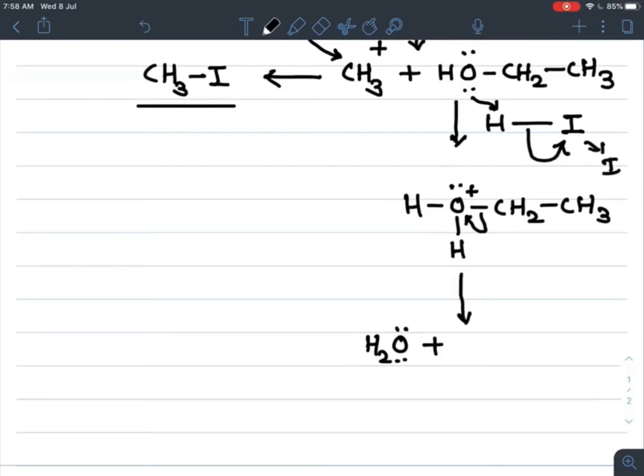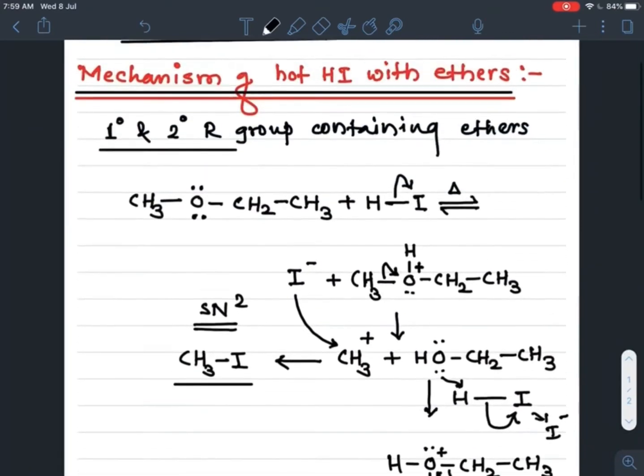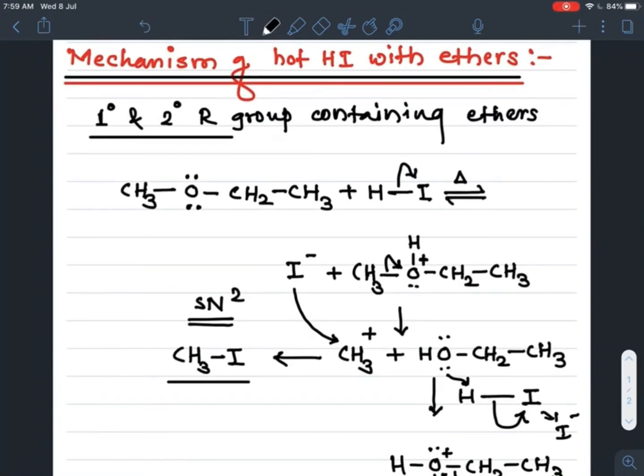The I minus combines with the ethyl carbocation and forms ethyl iodide. So finally we again get the corresponding ethyl iodide. This way ethers are converted into their corresponding alkyl iodides when they react with primary and secondary alkyl group containing ethers.